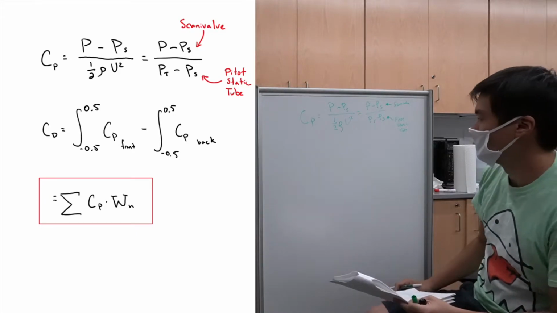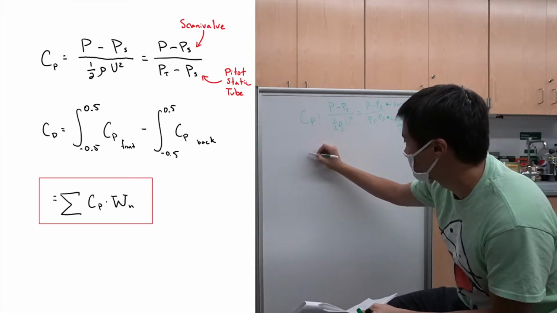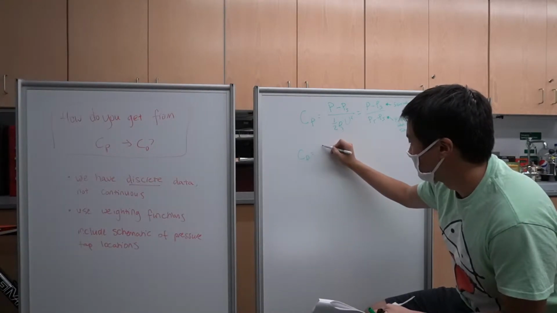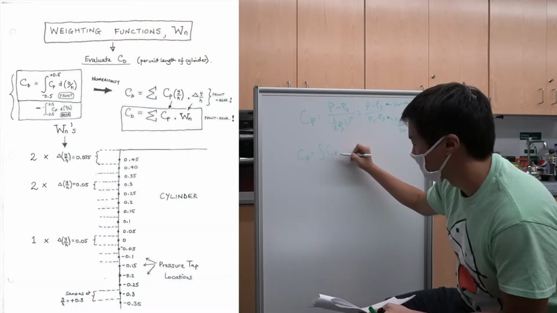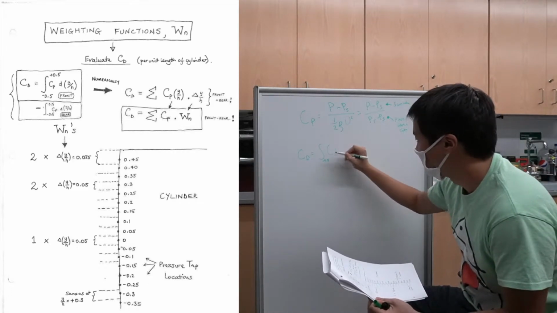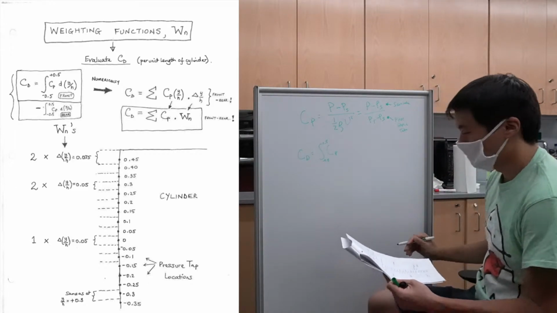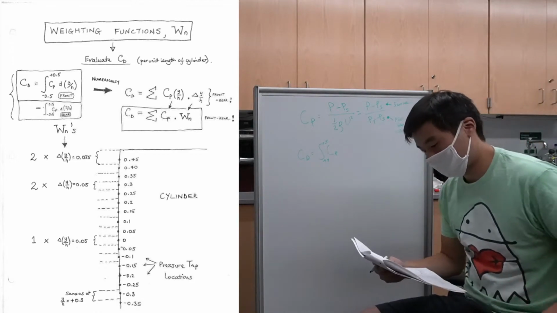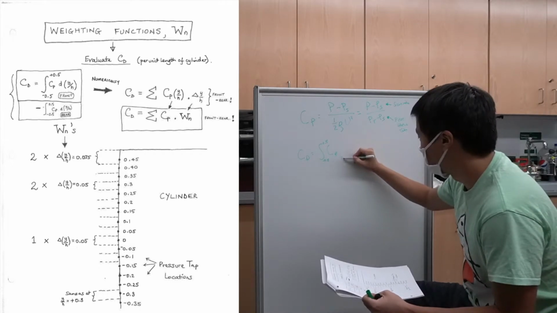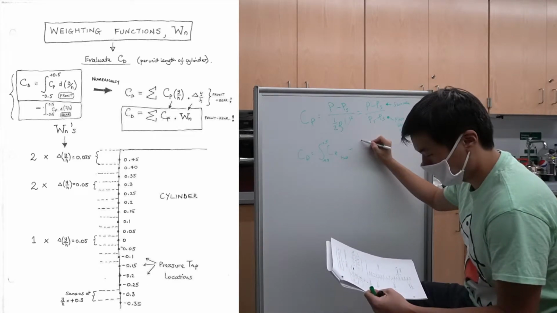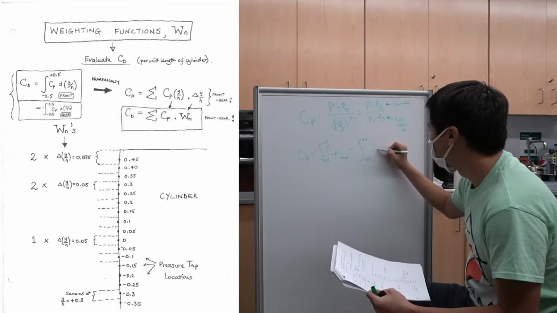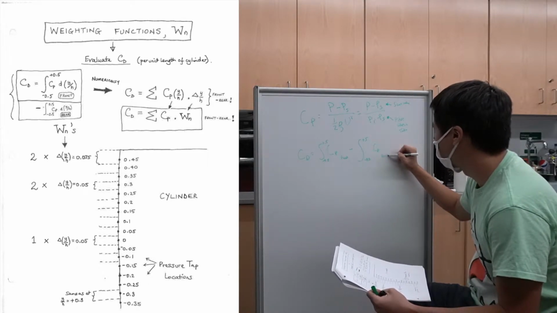However, what we want is the total drag coefficient. And we know that the drag coefficient is just the pressure coefficient integrated. So we integrate from the bottom of the square cylinder to the top of the square cylinder for the front side, and we subtract away the pressure coefficient on the back side.